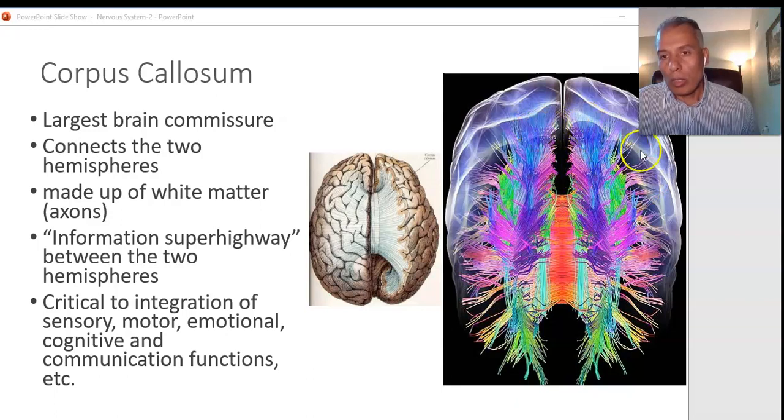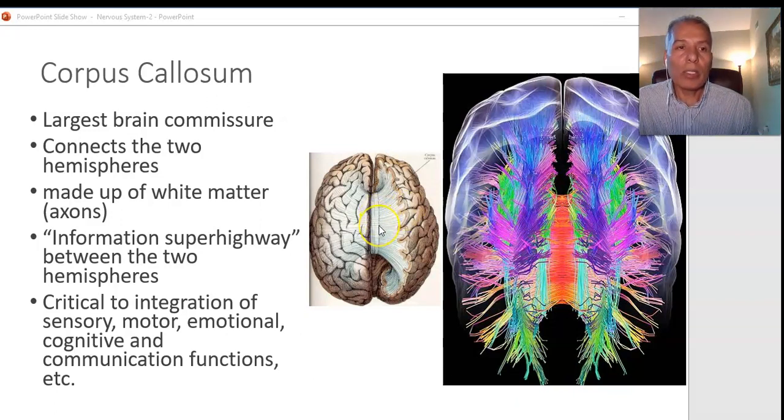The white matter from the right hemisphere is connected with the white matter in the left hemisphere through a highly condensed pathway or commissure, like a bridge, that is called the corpus callosum. Callosum means tough.